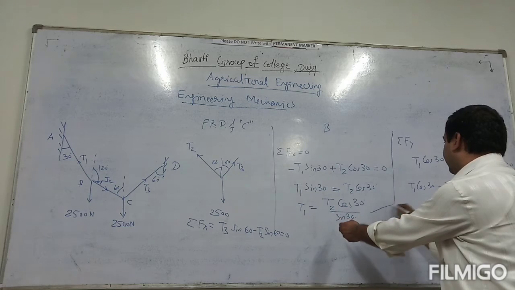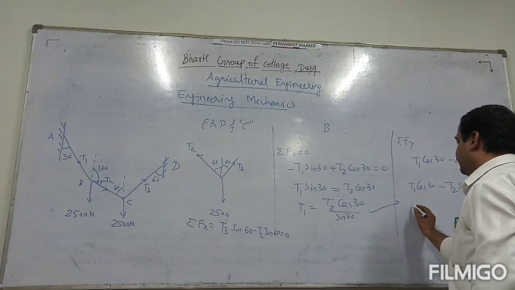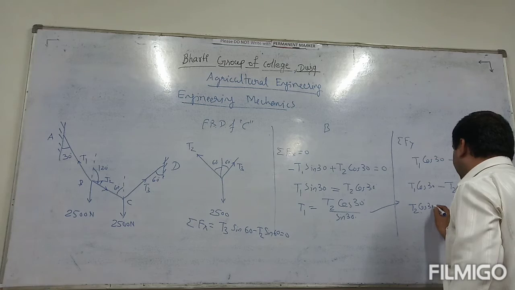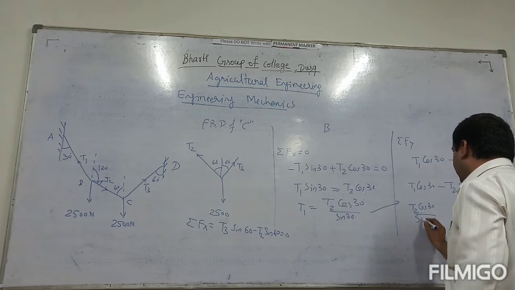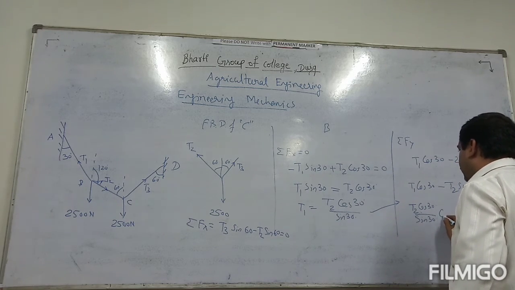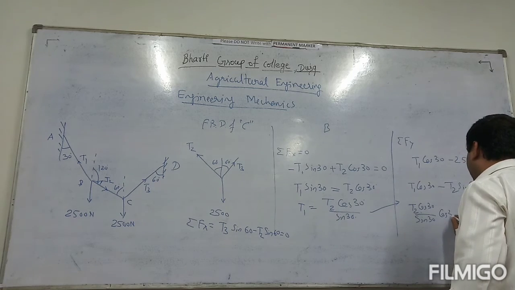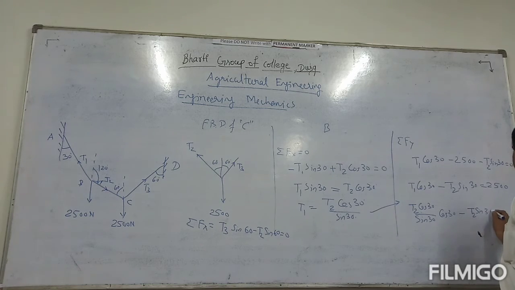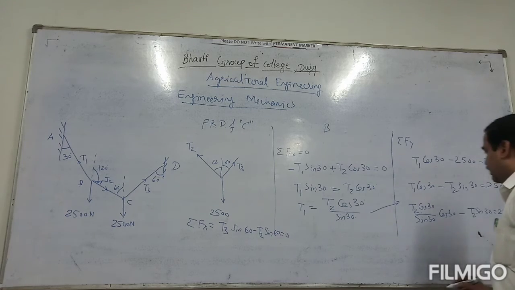Putting the value of T1 from equation 1, T2 cos 30 by sin 30 into cos 30 minus T2 sin 30 equal to 2500.